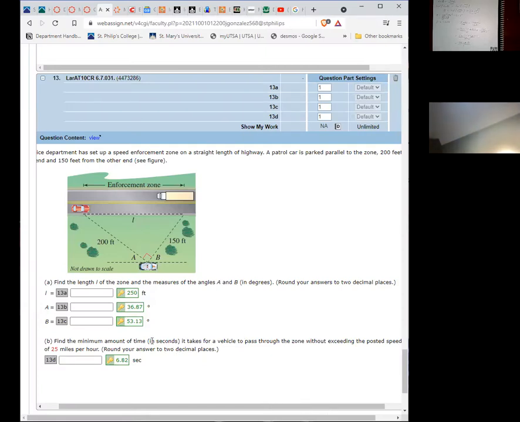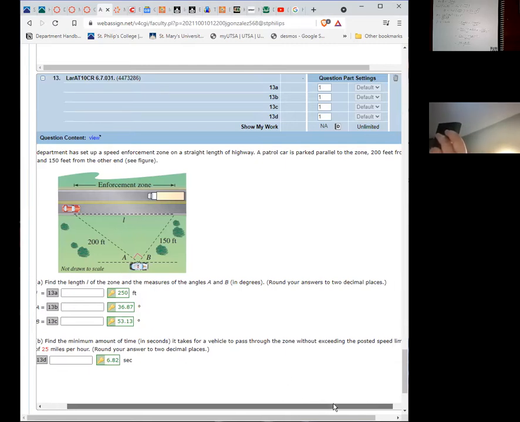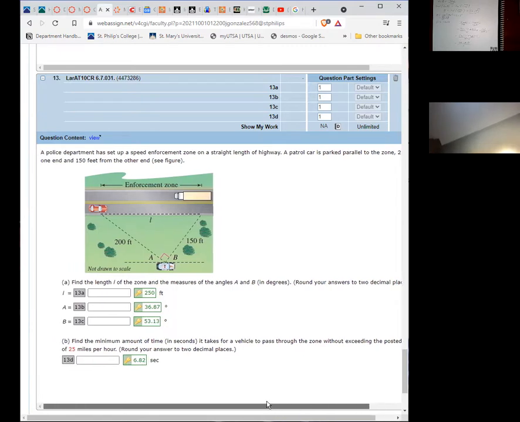Just to make sure we understand this question: find the minimum amount of time it takes a vehicle to pass through the zone without exceeding. Oh, okay, true. I'm overthinking this.